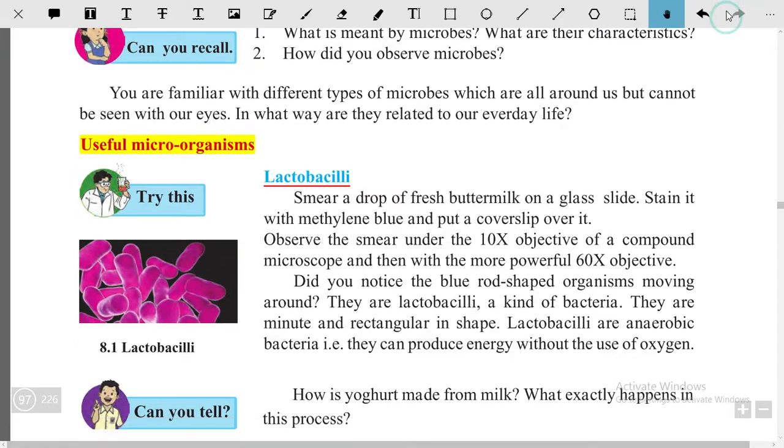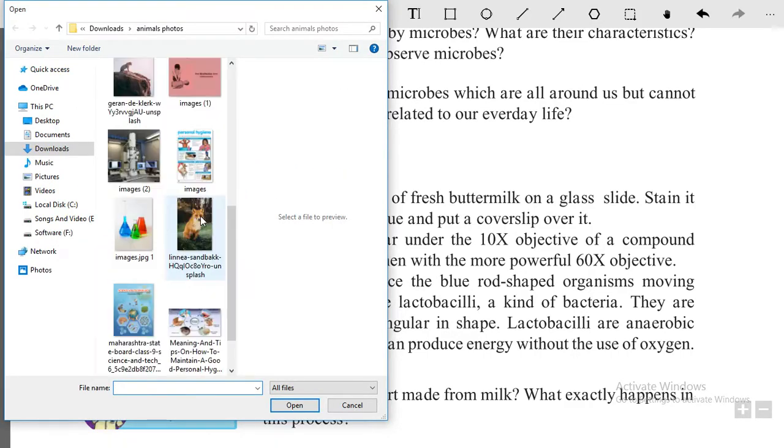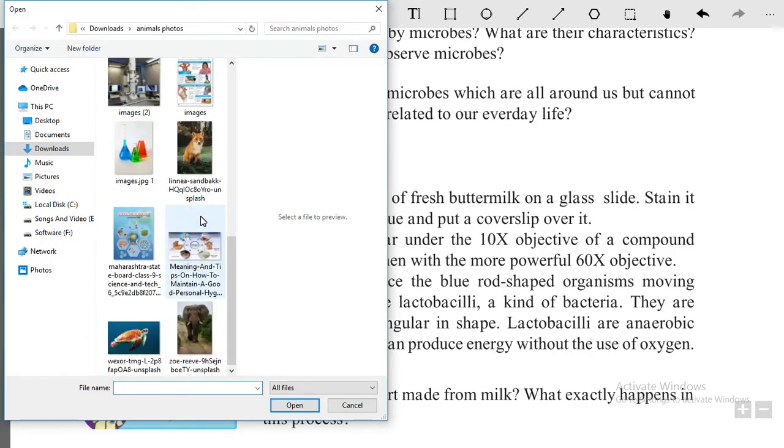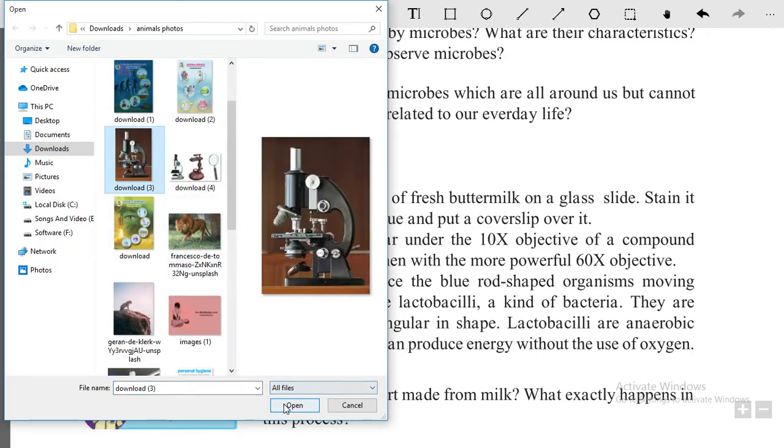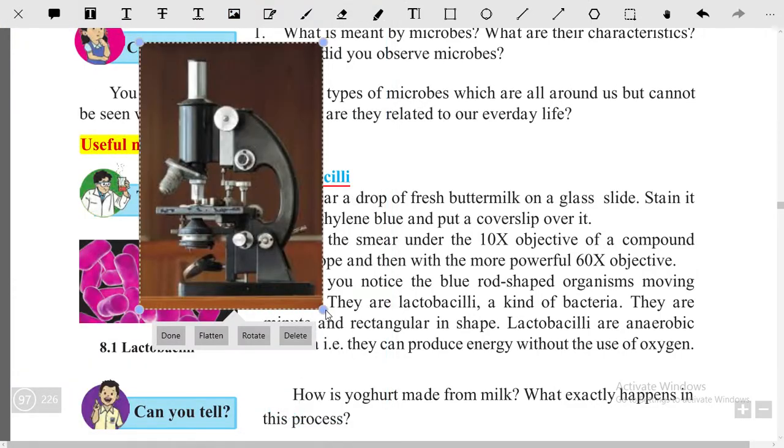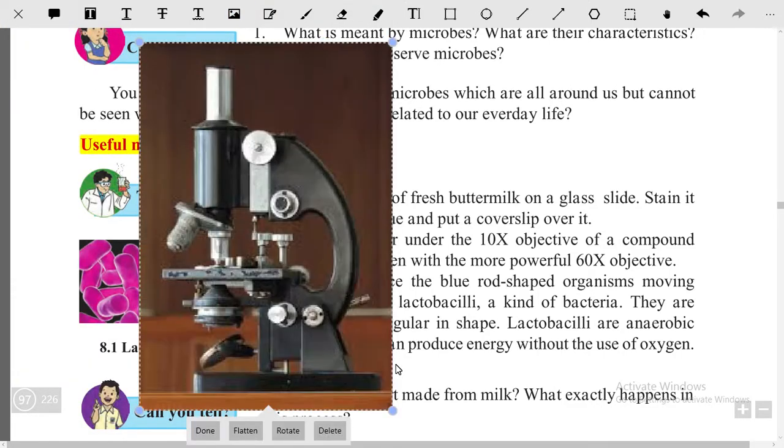We try to observe the compound microscope. That is the compound microscope.